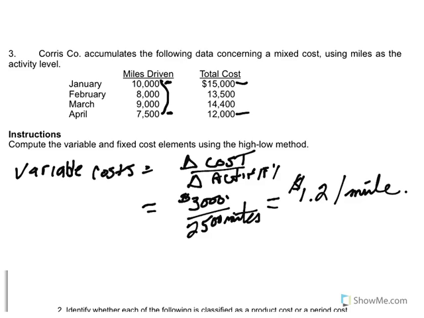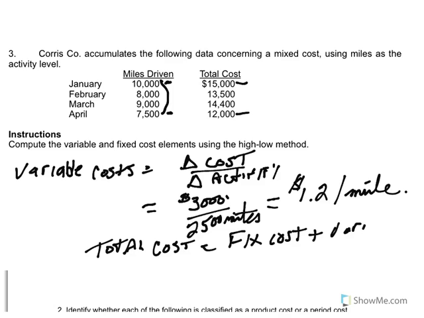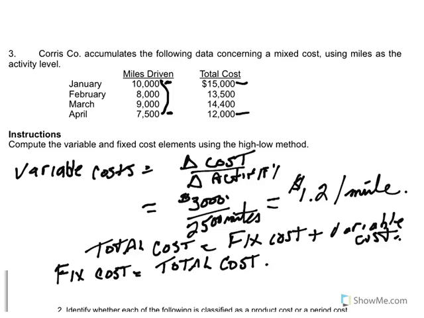That's the variable. Now, to get the fixed costs, total costs equal fixed cost plus variable cost. Okay? So therefore, fixed cost equals total cost minus variable cost.